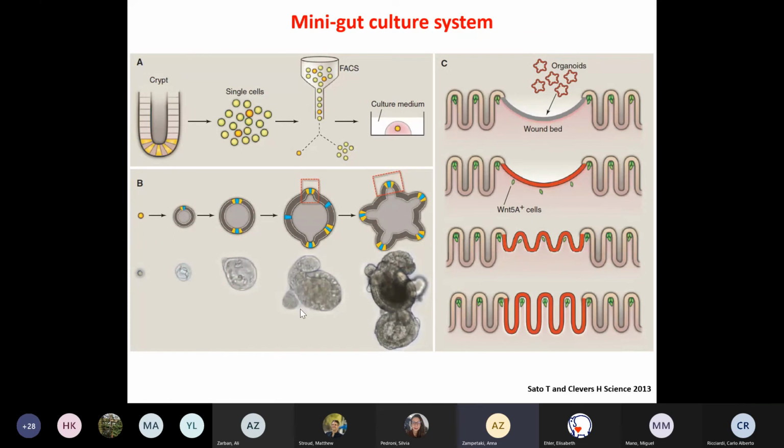And this mini-gut culture system that is shown here would involve isolation of these cells, then differentiation to organoids, then they can be applied to an injured intestine where they will form a new epithelial layer with the help of Wnt5 positive cells.